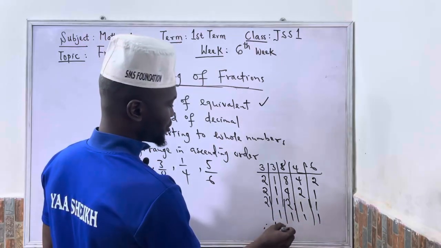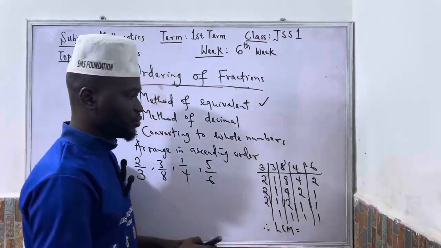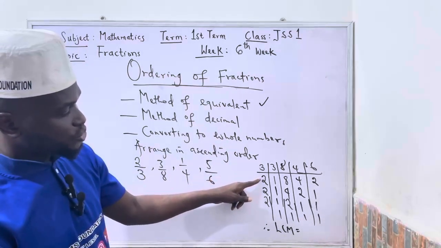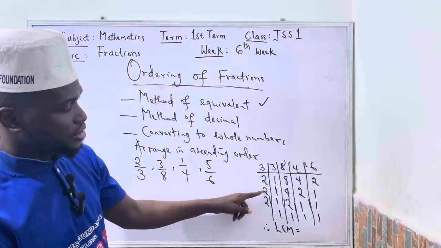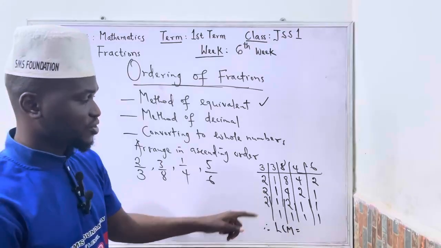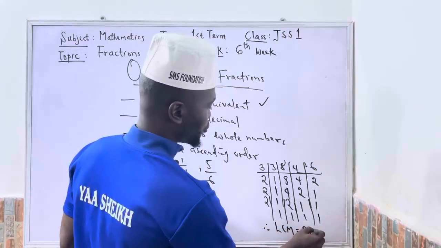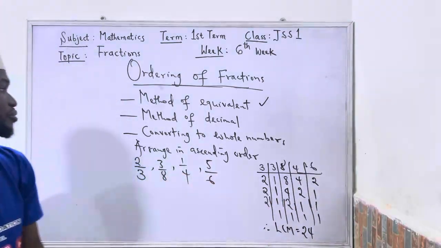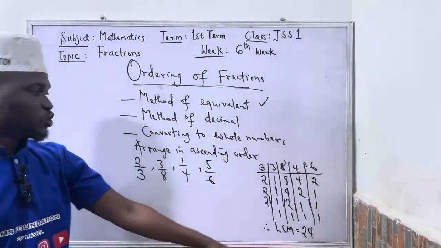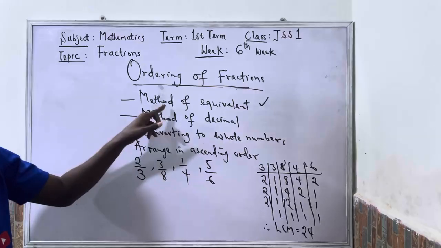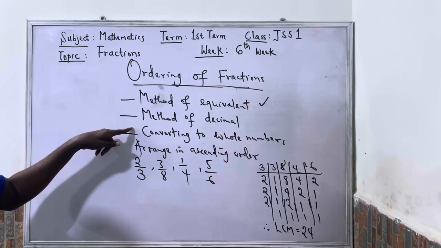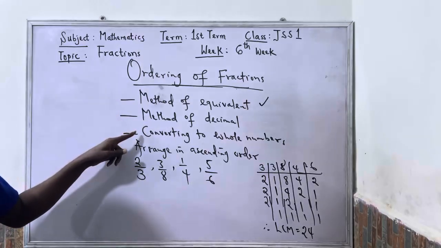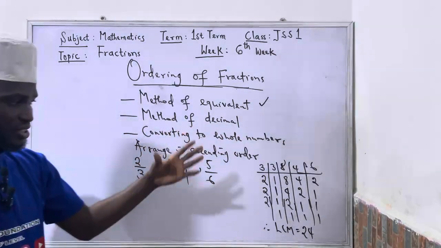Therefore, LCM equals 2 times 2, then 3 times 2 is 6, 6 times 2 is 12, 12 times 2 is 24. So the LCM is 24. Keep this LCM because it's going to be useful throughout this method, even in the third method. I'm going to do the first method and the third method, then I will do this one separately.